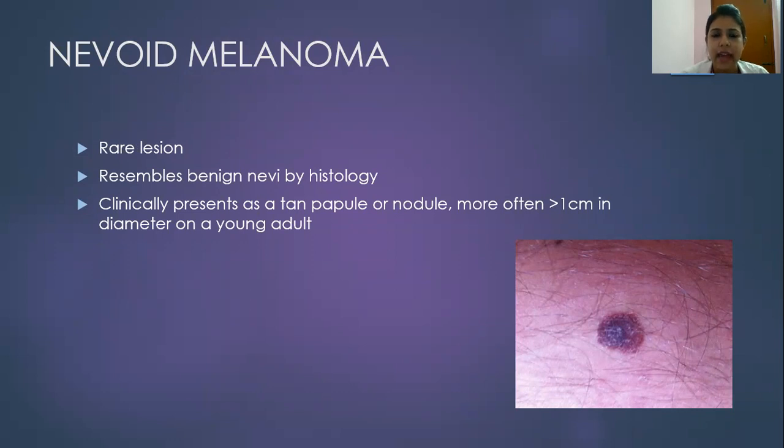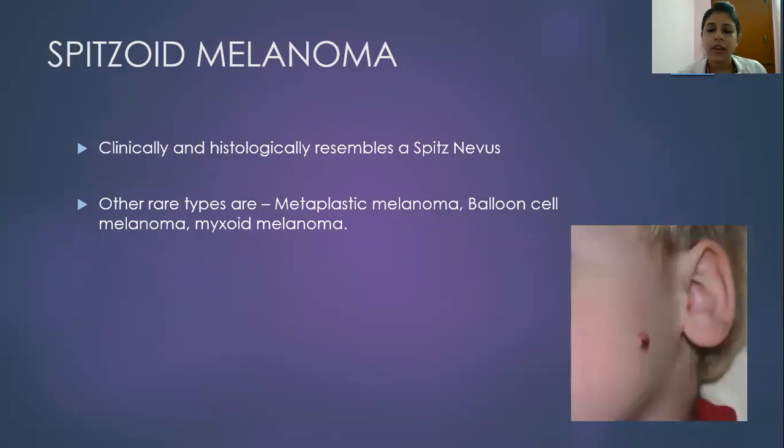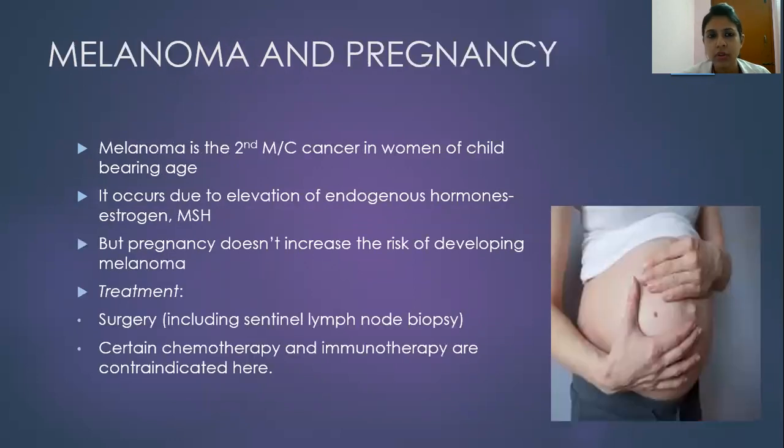It clinically presents as a tan papule or nodule, often more than 1 centimeter in diameter, in a young adult. So it may appear like a normal benign nevus seen in a young adult. It's very rare. Next is Spitzoid melanoma. Clinically and histologically, it resembles Spitz nevus. Other rare types are metaplastic melanoma, balloon cell melanoma, and mixed cell melanoma. Those are the main clinical subtypes of melanoma.